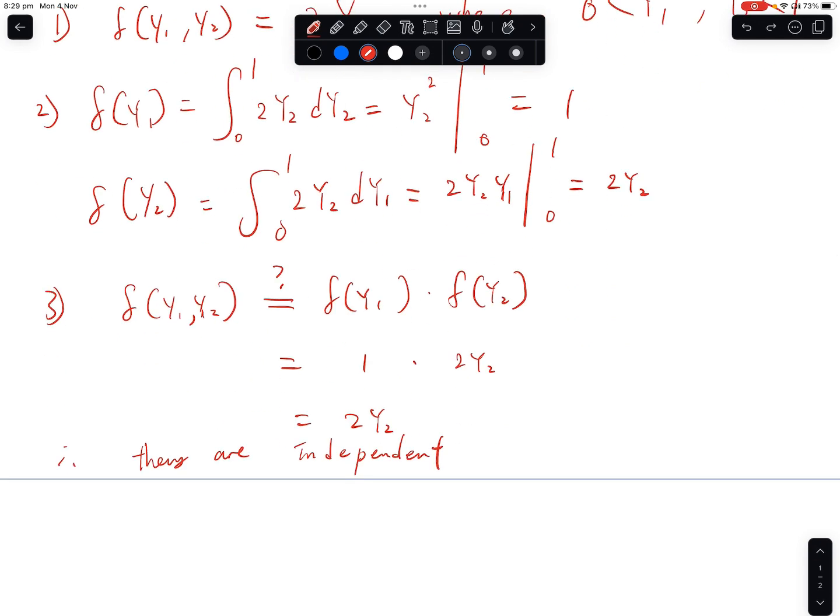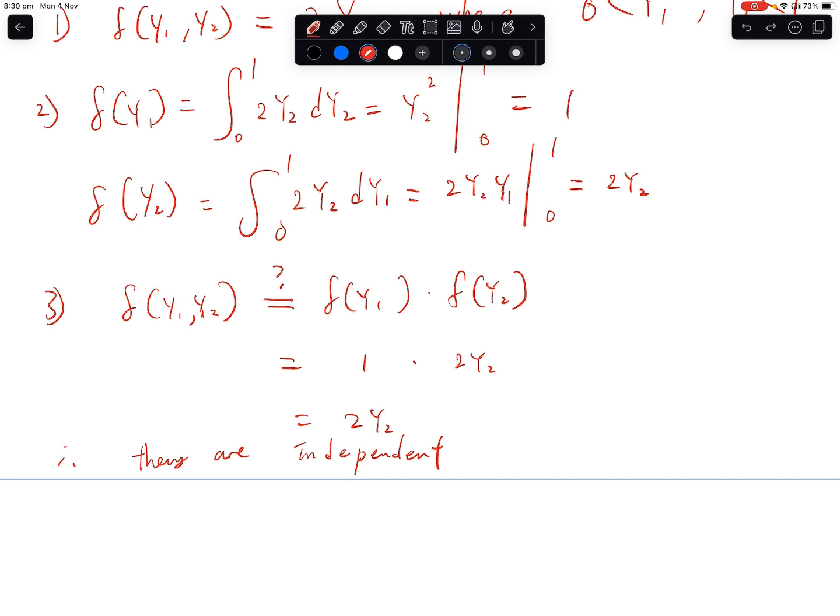So that's it, and thank you for watching. We derived the joint density function for the transformed variables Y1 and Y2 using the Jacobian and the original density function. We calculated the marginal density functions for Y1 and Y2 by integrating over the respective variable.